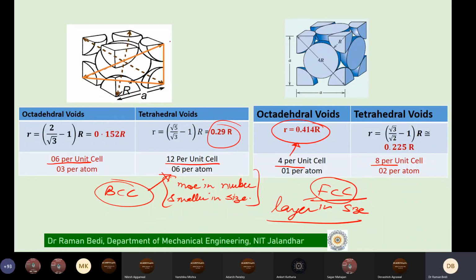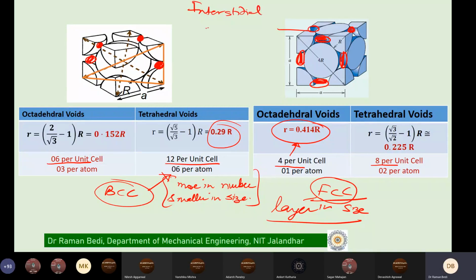If I look at this unit cell, there are interstitials available. You can see that this is one interstitial where a carbon atom can fit. There's another one here, and another one here. In an FCC one, again, there is an interstitial available here, then here, and here also.